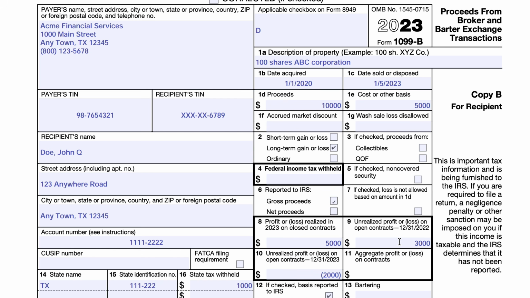In box 11, this is the aggregate amount of profit or loss on all of these contracts. So basically it should be the net sum of all of these, or $6,000. You would report this, if applicable, on IRS Form 6781 that specifically reports on Section 1256 contracts.